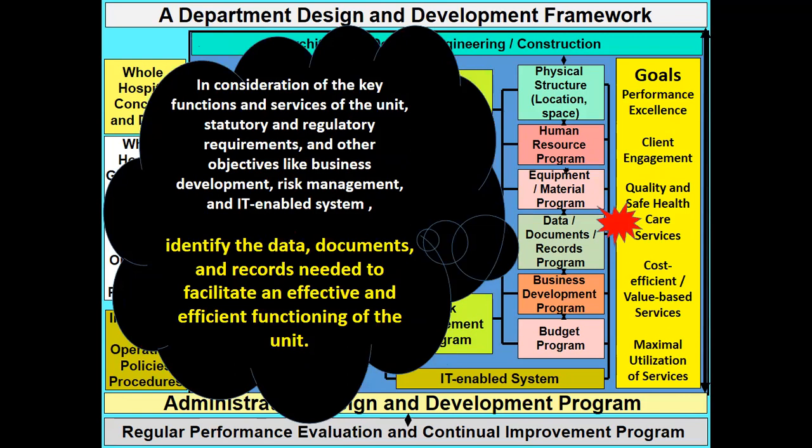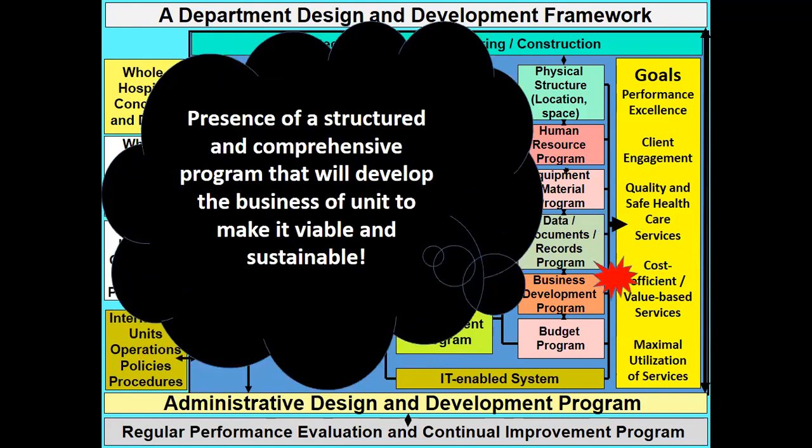Data, document, records program. Again, there must be a document showing adequacy of the data, documents, records needed to facilitate effective, efficient functioning of the departments. Business development program, document showing the presence of a structured and comprehensive program that will develop the business of the unit to make it viable and sustainable.